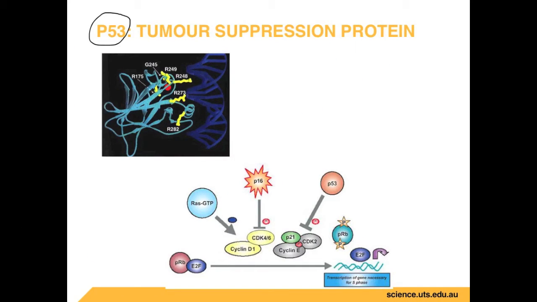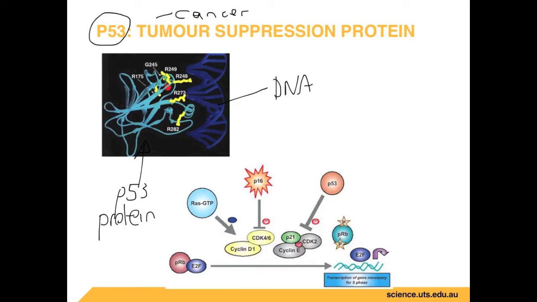P53 is known as a tumour suppressor protein, and the tumour refers to cancer. So P53 is an anti-cancer protein. And P53 interacts with DNA. So here we have our P53, which is our protein, and it interacts with DNA.